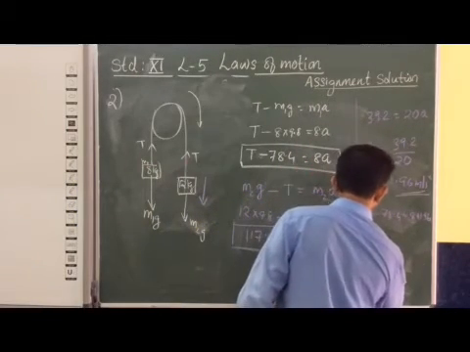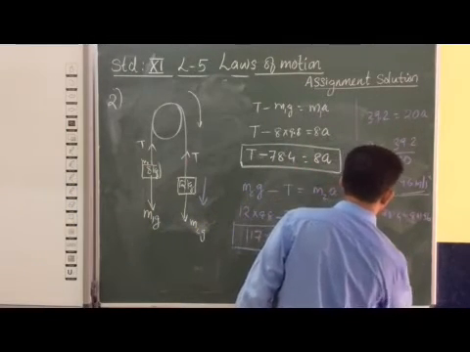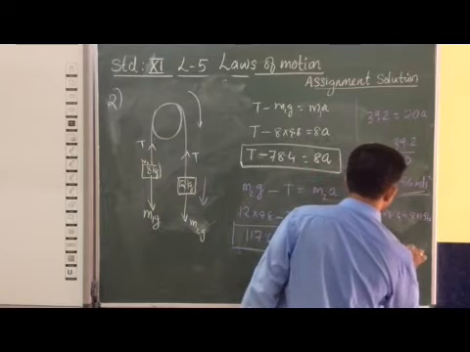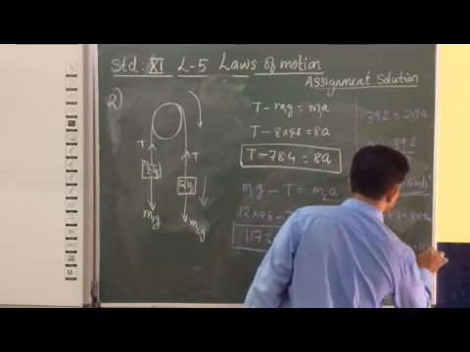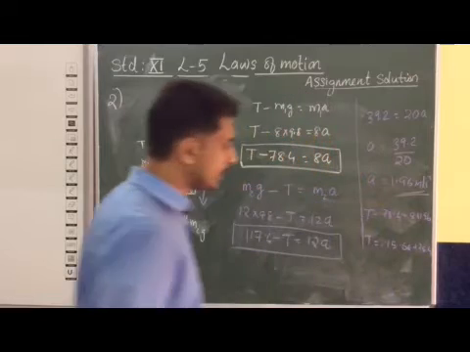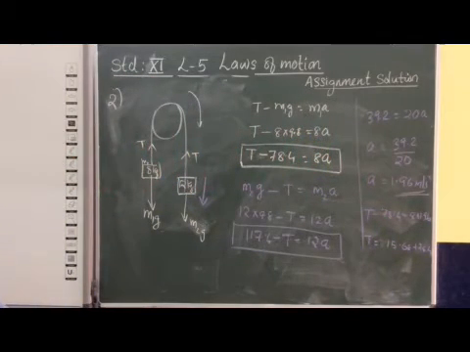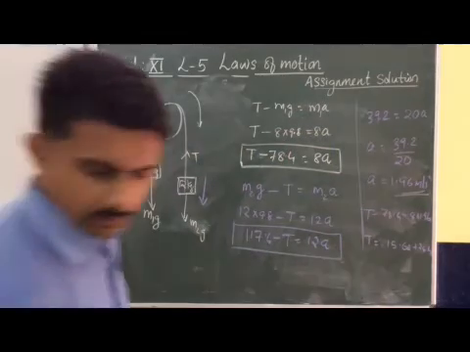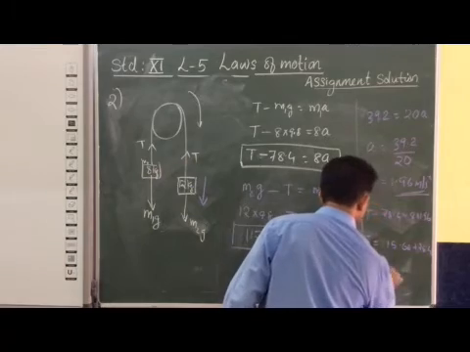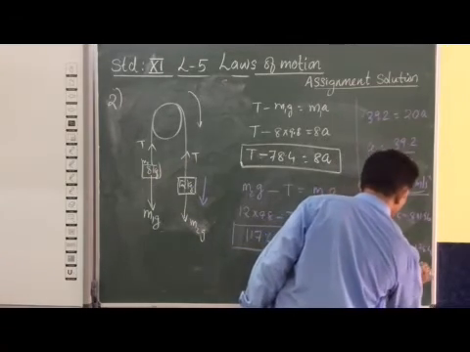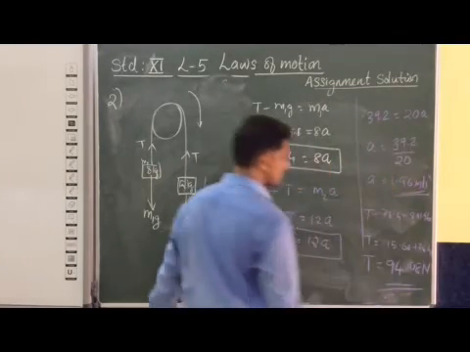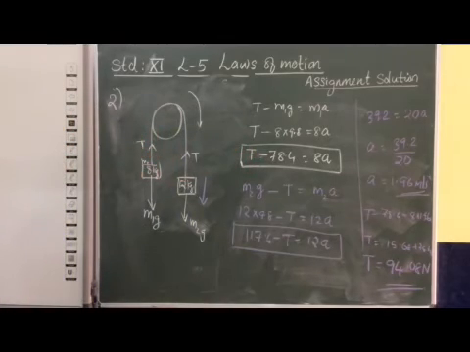That means you can get the value of tension as 15.68 plus 78.4. So you will get this value as 94.08. So tension is 94.08 Newton. So this way we can find the value of tension acting on the string.